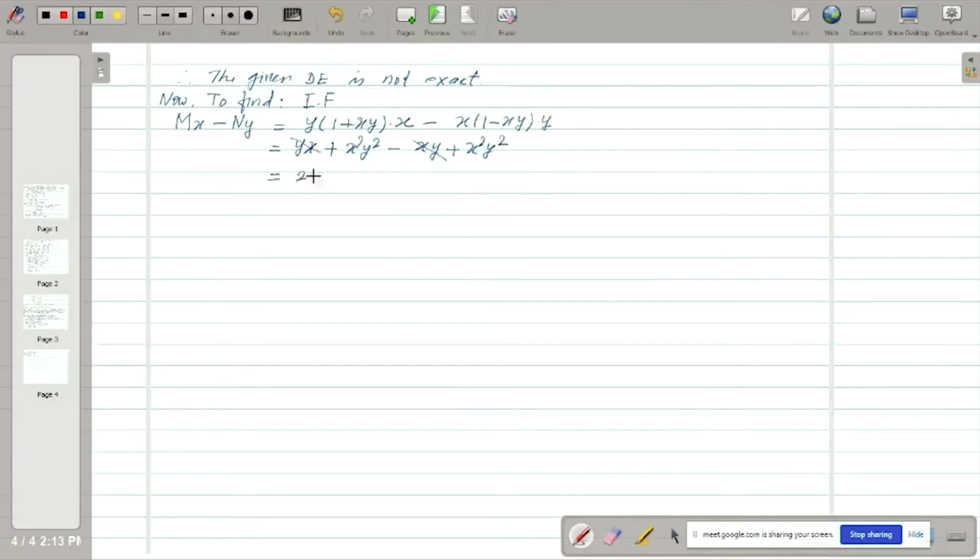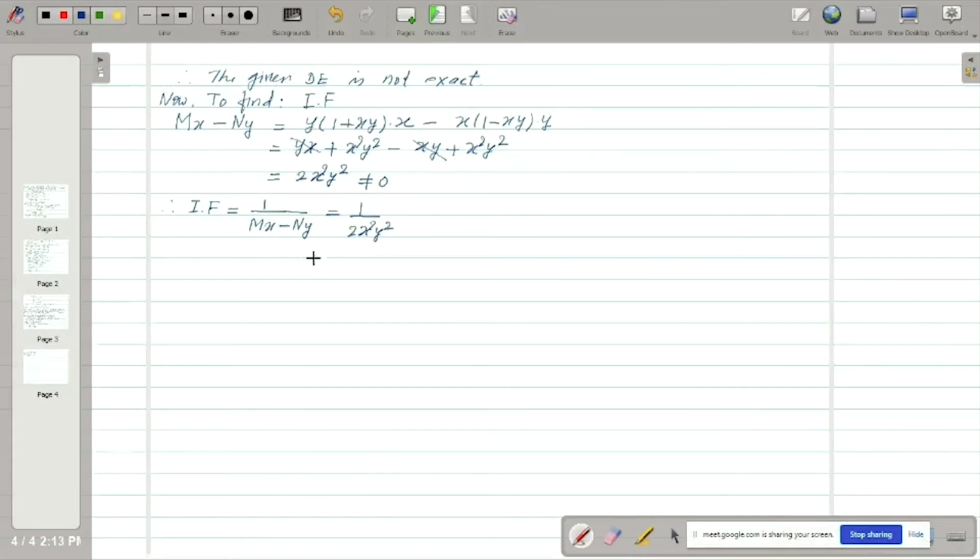We get 2x square y square, which is not equal to 0. Therefore the integrating factor is 1 upon Mx - Ny, which is 1 upon 2x square y square. Okay, this is the integrating factor.